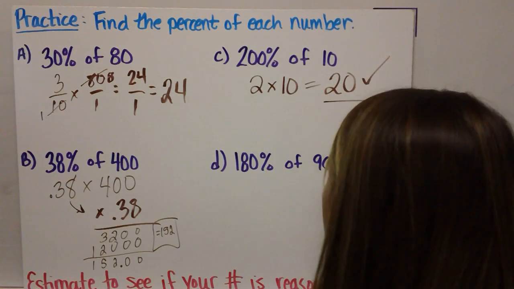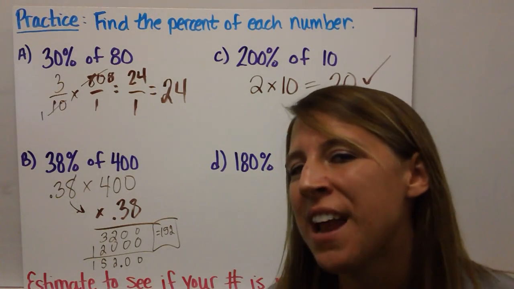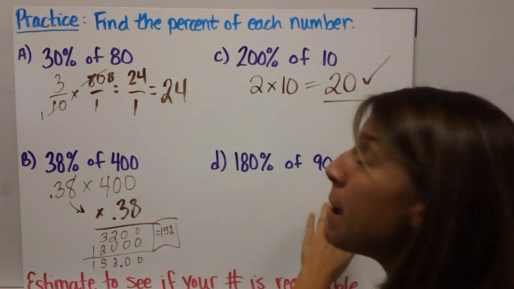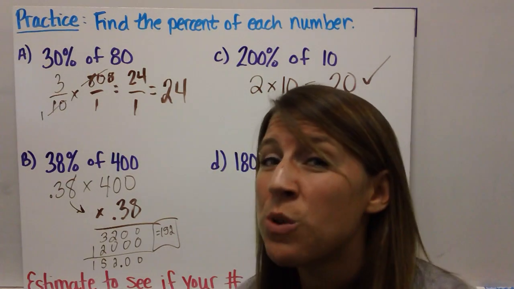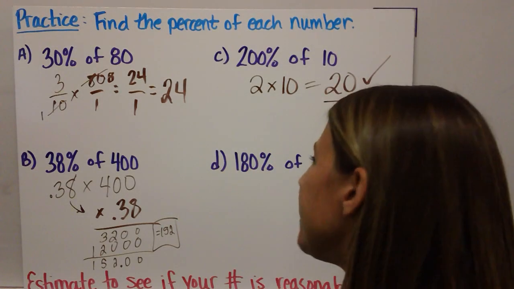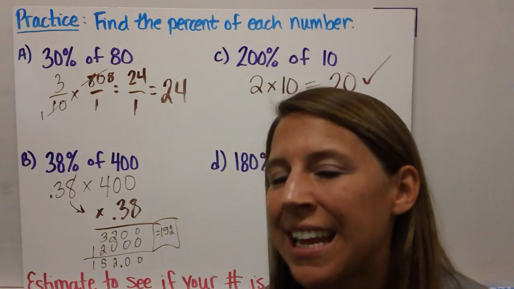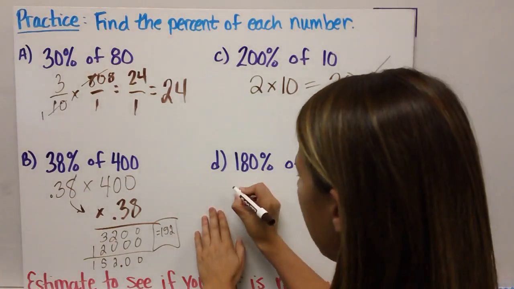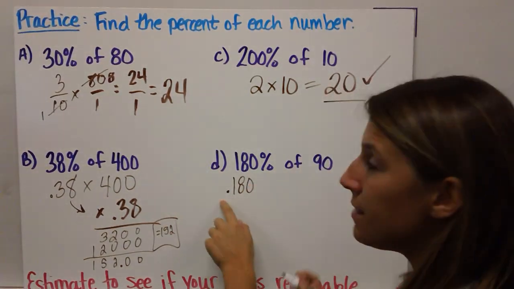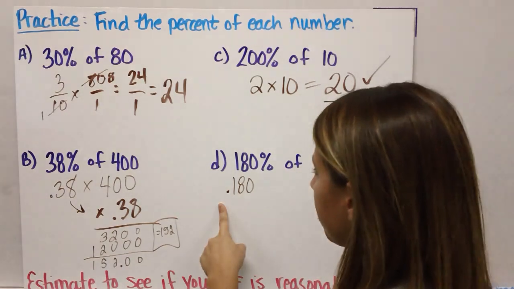Perfect. There you go. How about 180% of 90? It's not quite double, but it's going to be quite a bit more than 90, isn't it? Because it's more than 100% of 90. So 180% is like 180 thousandths. If I wanted to write that as a decimal, 180 thousandths, it looks like that.